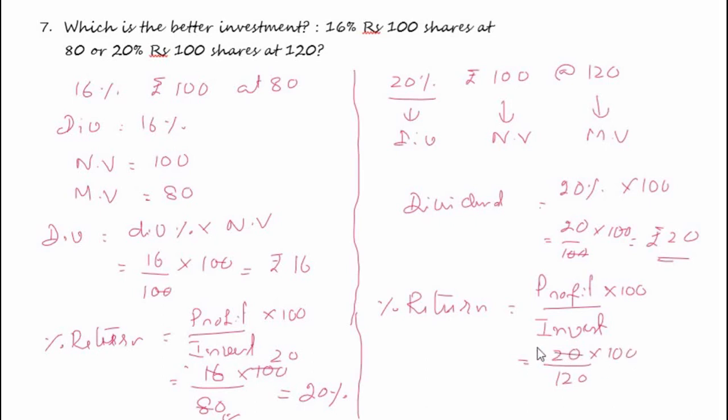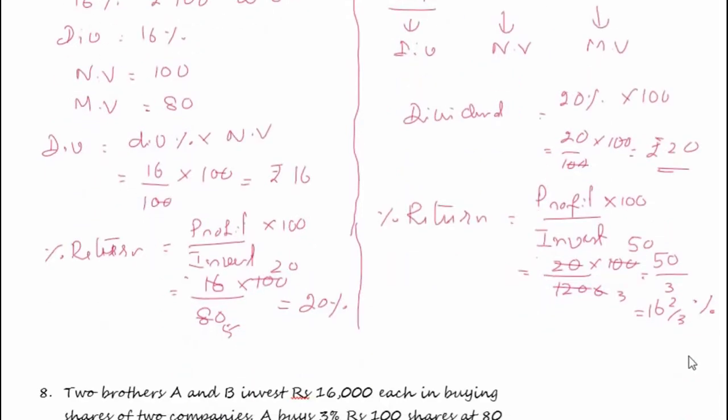So 2 ones are 2, 6 times 50 is 3. So this is 50 divided by 3, which is 16 2 by 3%. So in the second case, the return on investment is 16 2 by 3%. In the first case, it is 20%. So the first case is better.